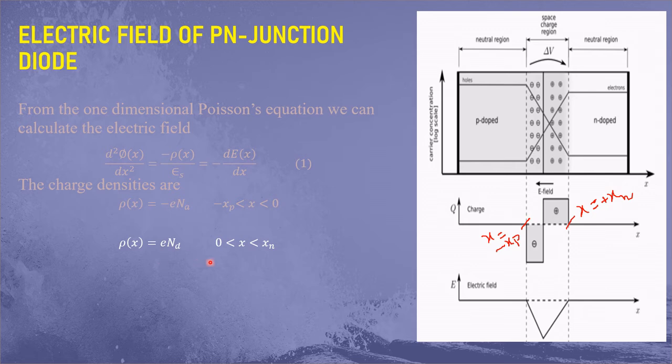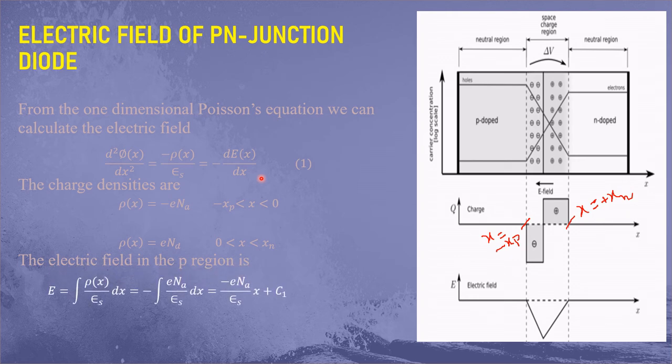Next, how can we define the electric field from equation 1? If we integrate equation 1, the electric field in the P region is E equal to the integral of rho x by epsilon s dx. Because this is the P region, the charge density is minus ENA.